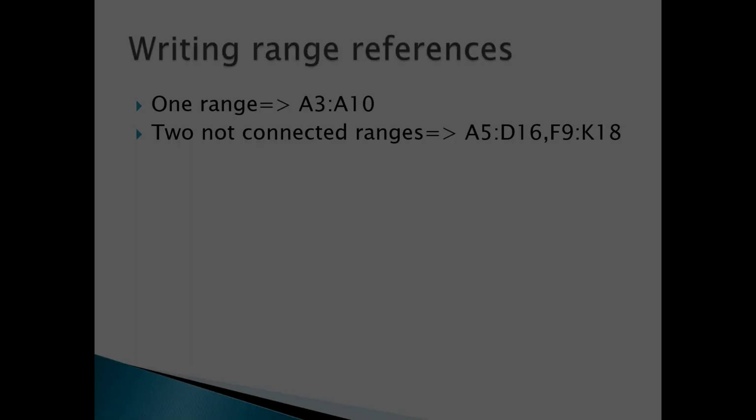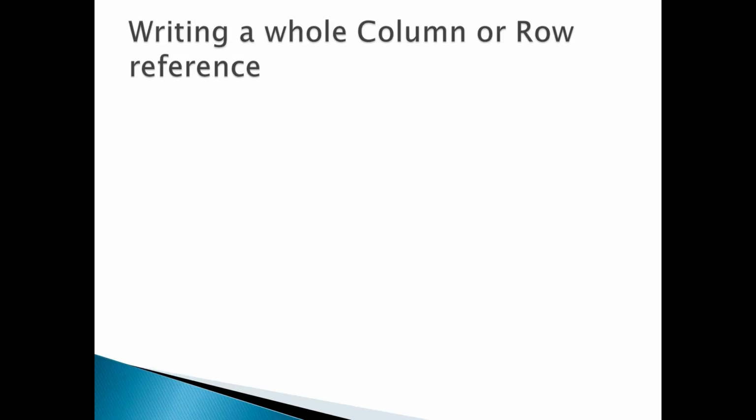Let's see now how I can write an entire column or an entire row. For the column, I write the letter of the column twice with a colon in between. So for column D, I will write D colon D. I'm not saying D1 to D followed by a number for as far as it goes.